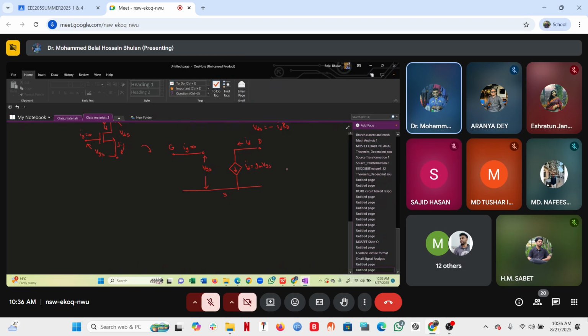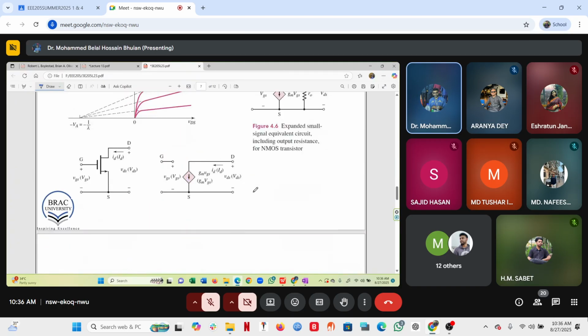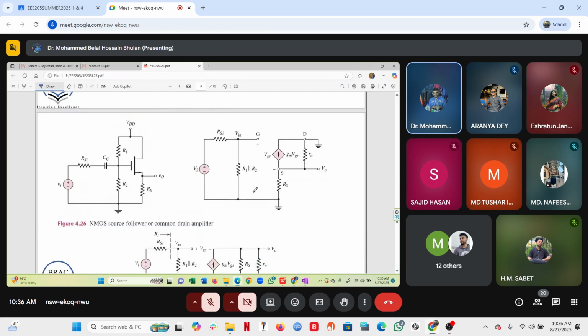So that is the model for the MOSFET. This is the model for the MOSFET. So let's consider one circuit.